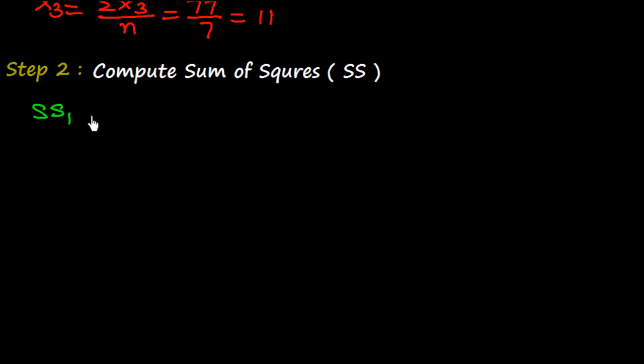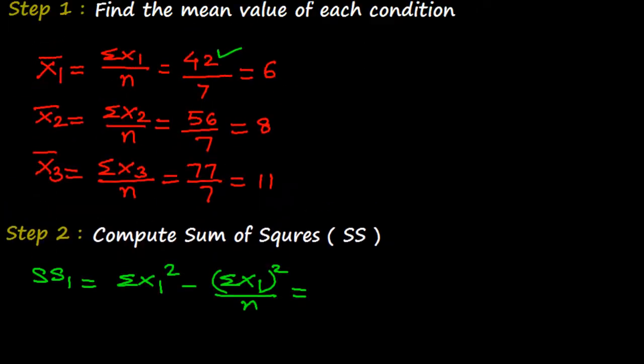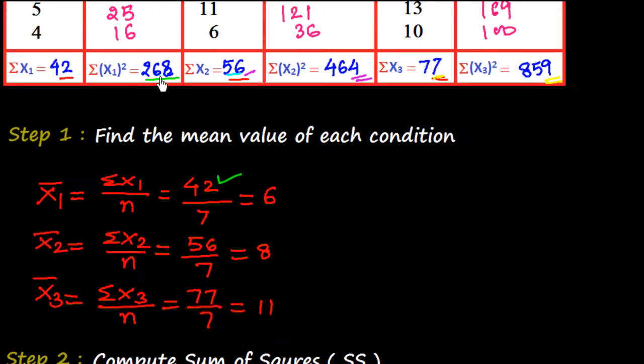We compute SS1, which is equal to sigma x1 square minus sigma x1 whole square over n. So we get here sigma x1 square, look at here, which is 268.